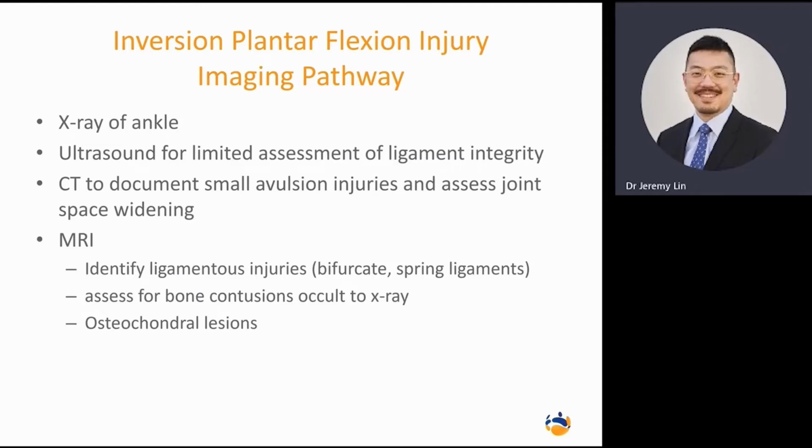The deeper ligaments, such as the bands of the spring ligaments, as well as the bifurcate ligament, are difficult to assess unless you are at a center that is specifically musculoskeletal focused and the sonographers are highly trained to look for those ligaments.